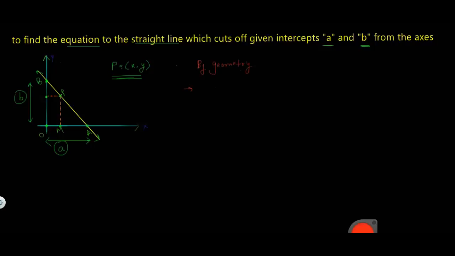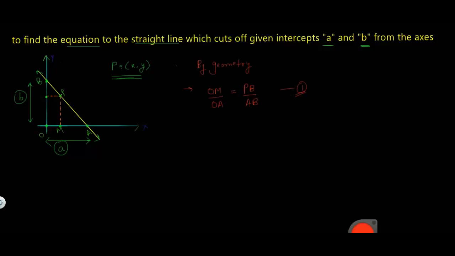I can write OM divided by OA is equal to PB upon AB. So this is my first relation.